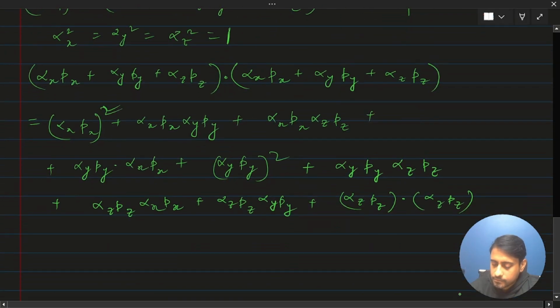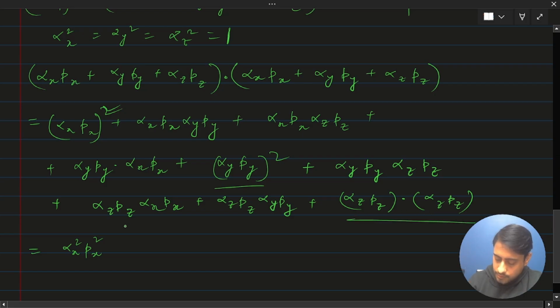So why this term, you know that alpha and p commute, so there is no problem taking this square. So you can write it as alpha x square px square, and let's write all these three terms: alpha y square py square and then alpha z square pz square, and the rest of the terms, we can write this alpha x px, alpha y py.